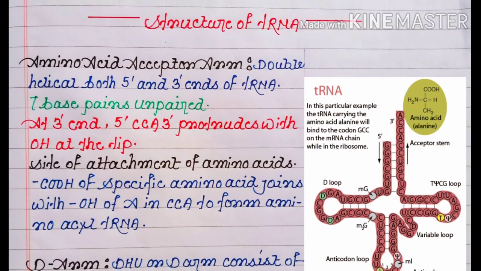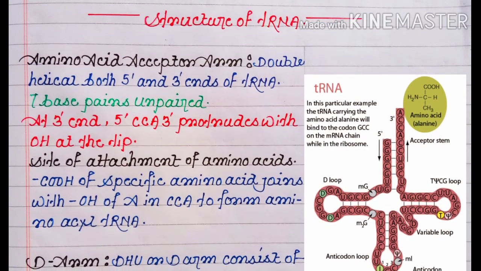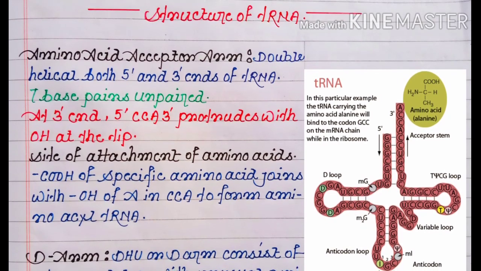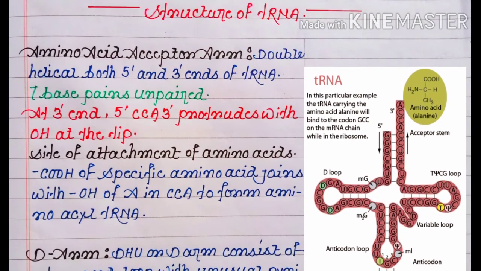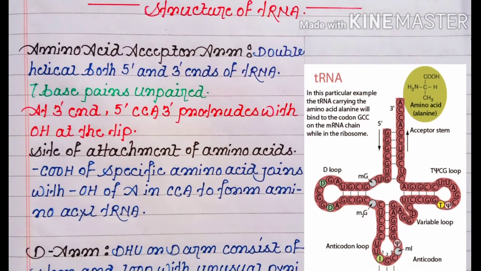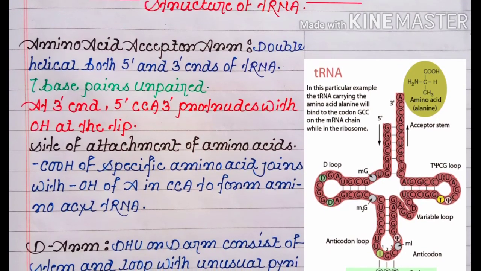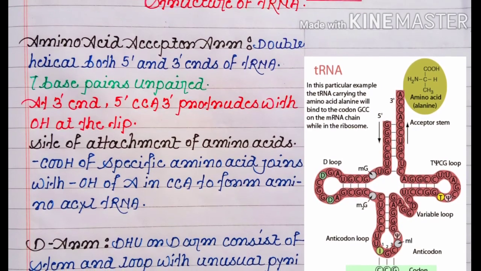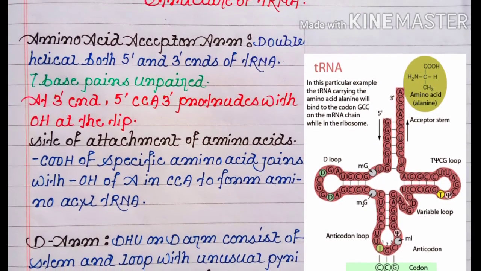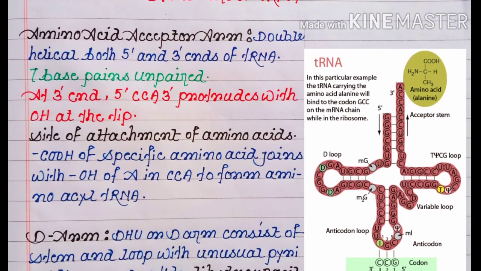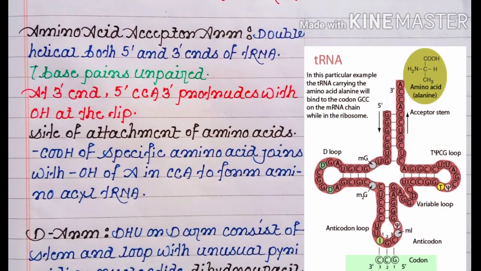The structure of tRNA. First, the amino acid acceptor arm. It is double helical, with both 5' and 3' ends of tRNA, 7 base paired, unpaired. At the 3' end, 5' CCA 3' protrudes with OH at the tip.